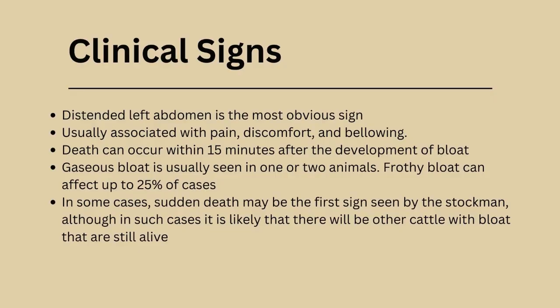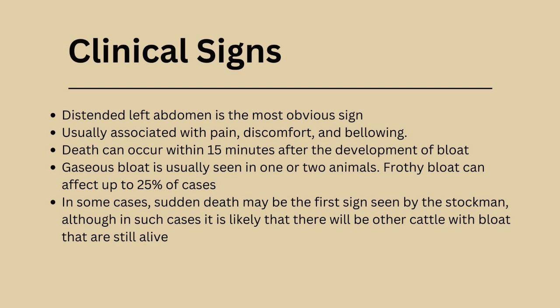Clinical signs. Distended left abdomen is the most obvious sign, usually associated with pain, discomfort, and bellowing. Death can occur within 15 minutes after the development of bloat. Gaseous bloat is usually seen in 1 or 2 animals.